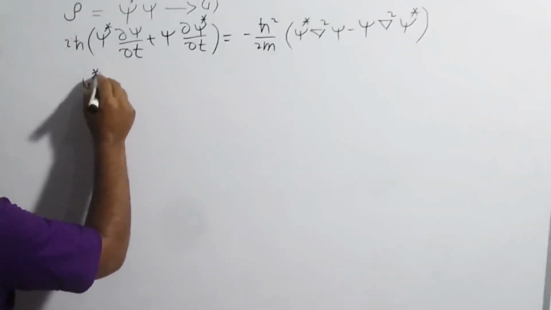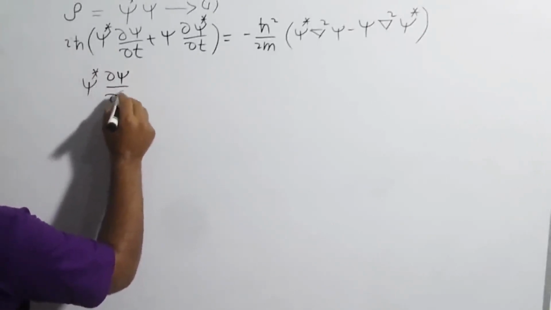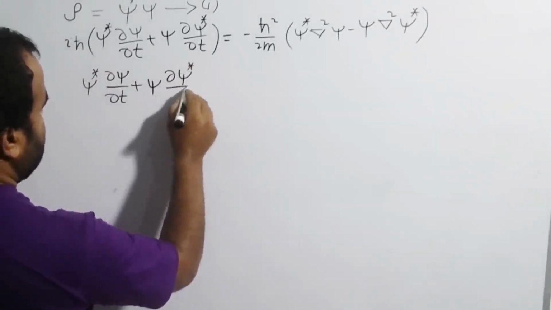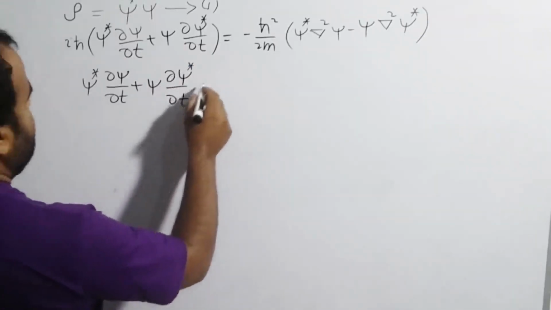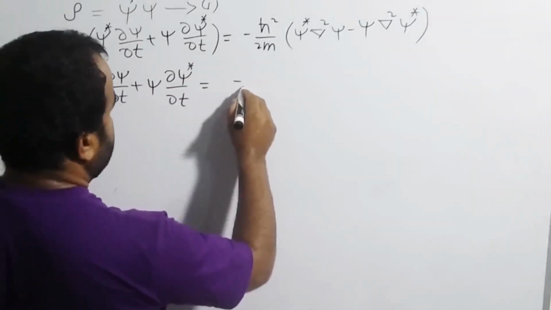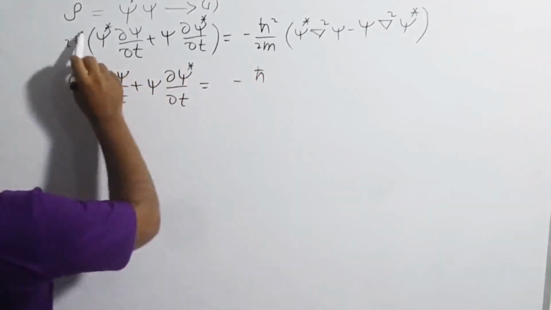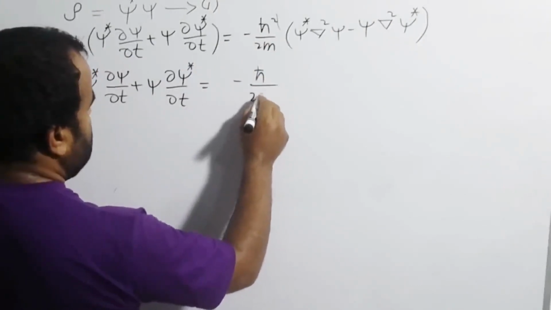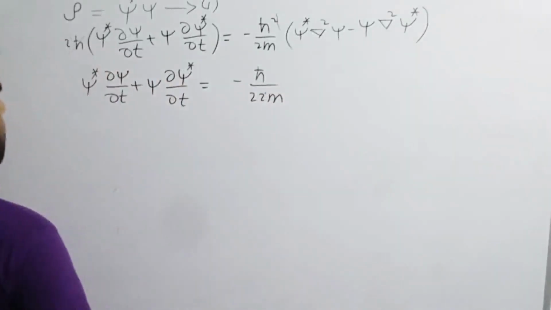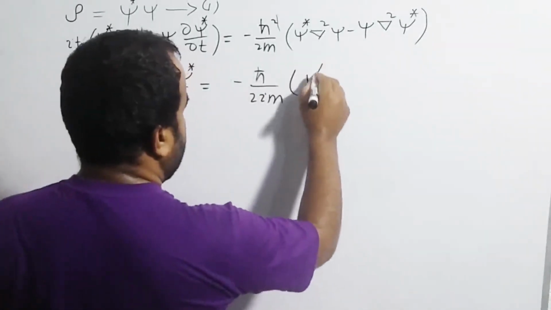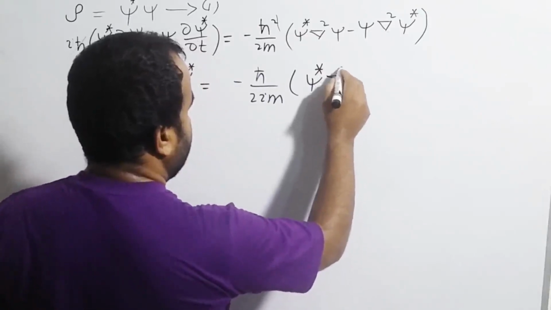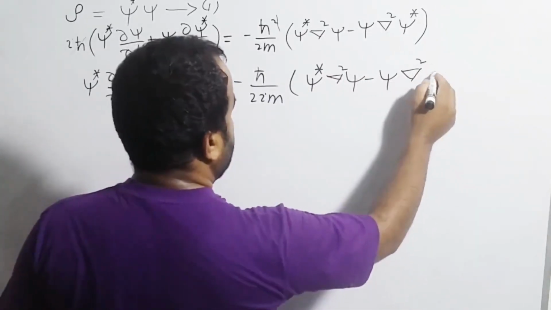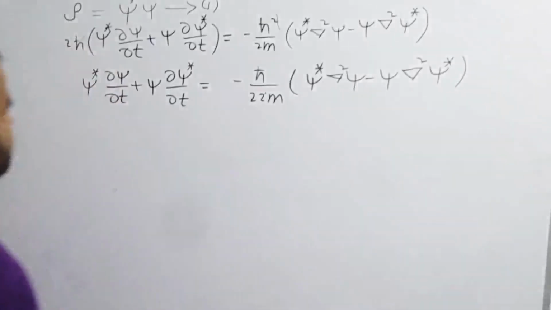Psi star partial psi partial t plus psi partial psi star partial t is equal to minus h cut, because h cut square will be cancelled and iota will shift to 2m iota, into psi star del square psi minus psi del square psi star.